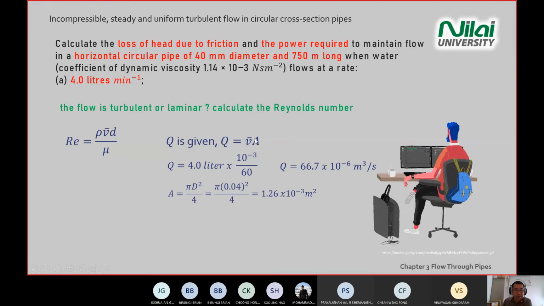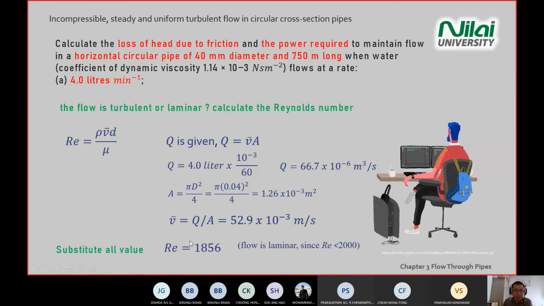You calculate the area, then you get your V. V hat means average velocity. You substitute inside there, you get your Reynolds number, 1856. So you get Reynolds number less than 2000, in this case it is laminar flow.